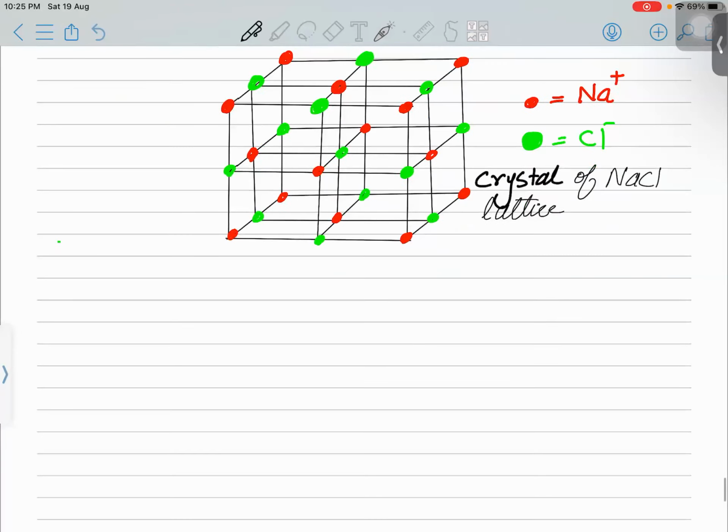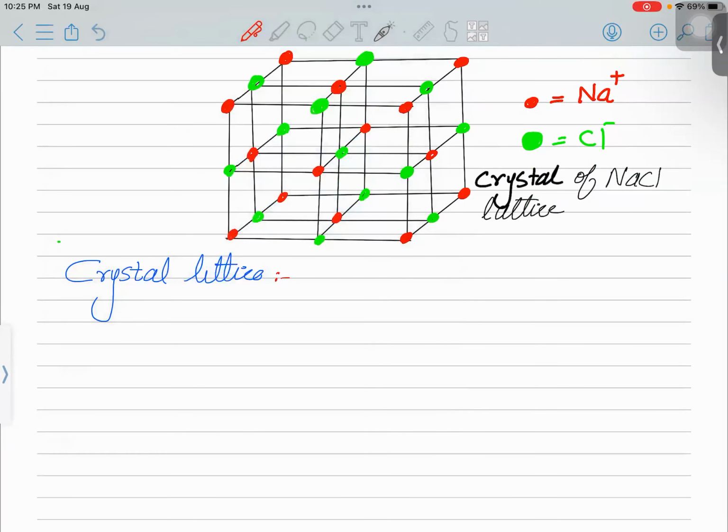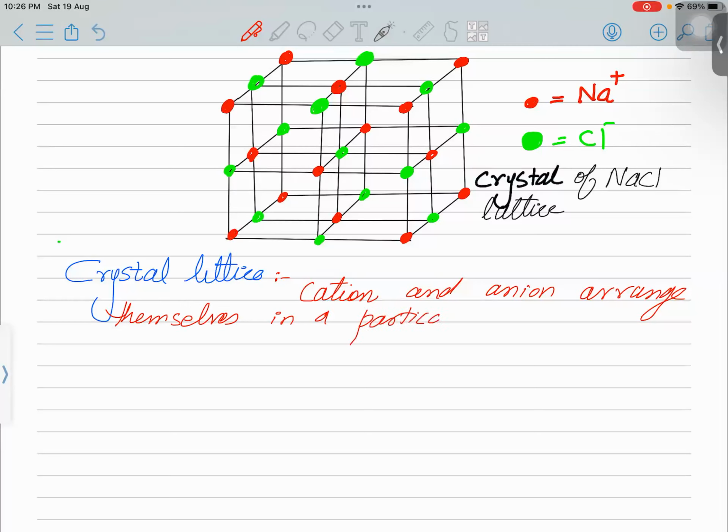So first word is crystal lattice. Cation and anion arrange themselves in a particular manner.